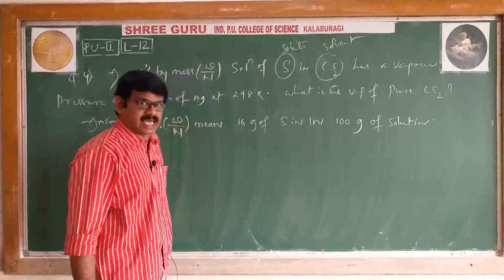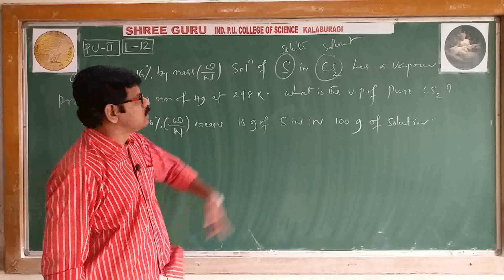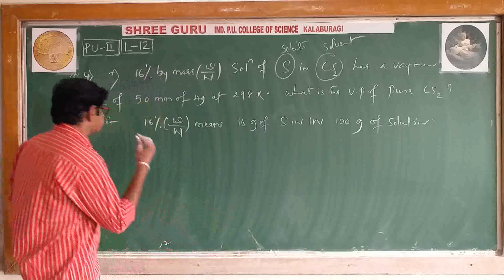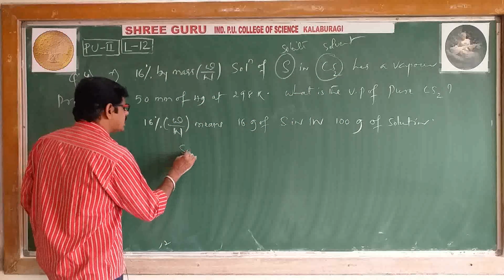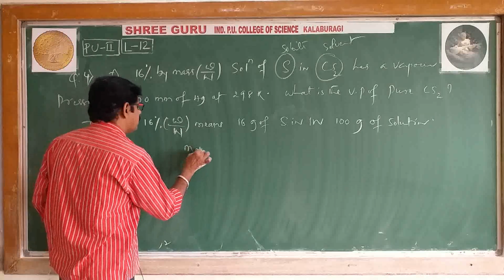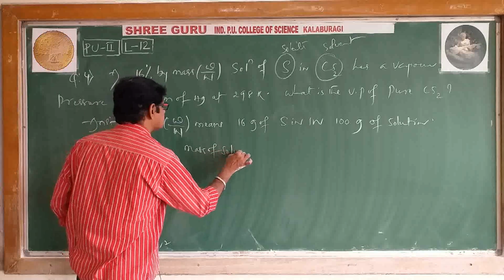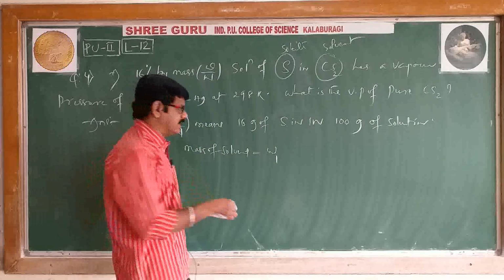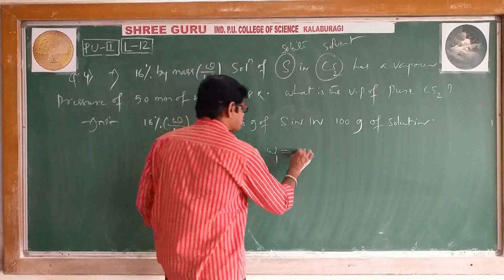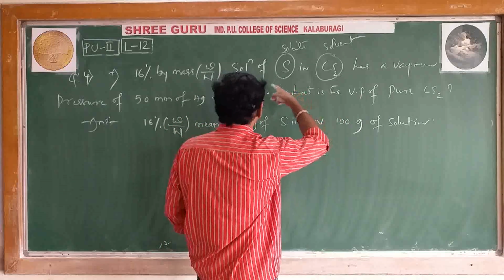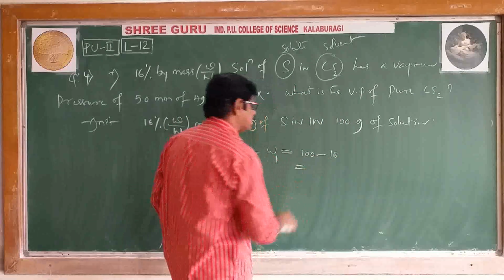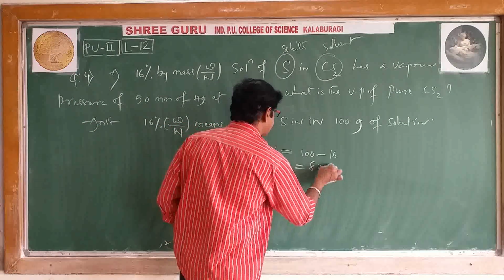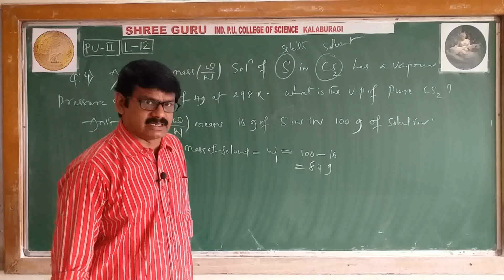From this, we can calculate the solvent mass, that is CS2 mass. Therefore we'll write like this: mass of solvent W1 is equal to solution 100 minus solute 16. 100 minus 16 gives 84 grams, the mass of solvent.